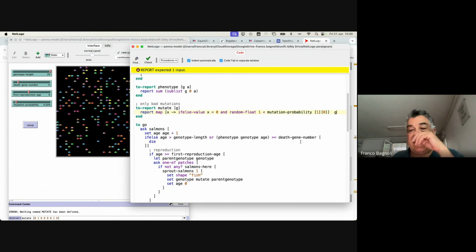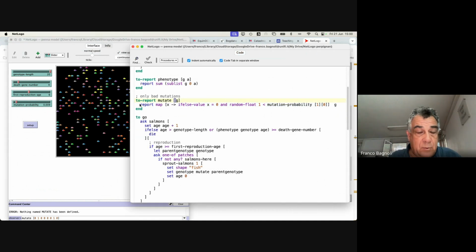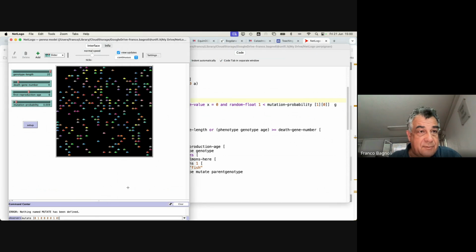Yes, because map takes a function and the list and returns the list modified. For each executes a command for each element of the list. So let's see if it works now. We shall save before. So mutate.